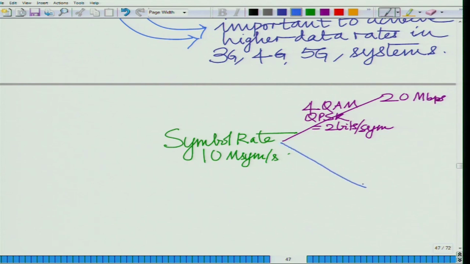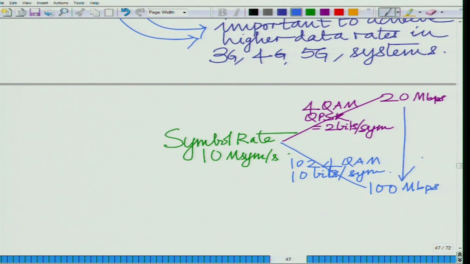And if you can succeed in using 1024 QAM, which has 10 bits per symbol, you can get a data rate of 100 Mbps. So, you can see from 20 Mbps to 100 Mbps, that is a factor of 5 in data rate.